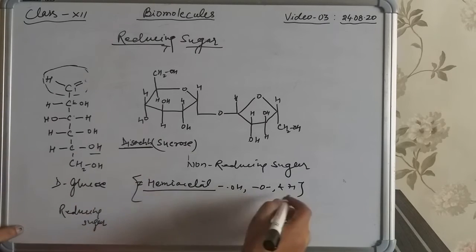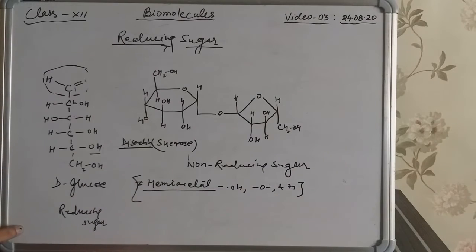If a carbon contains this form, this particular sugar is reducing; otherwise the sugar is non-reducing.